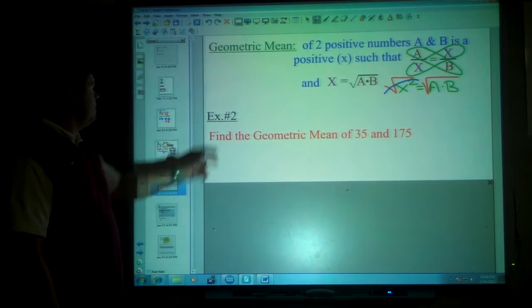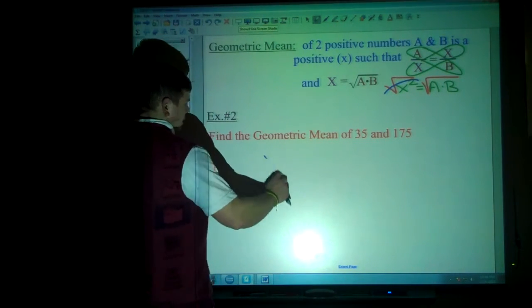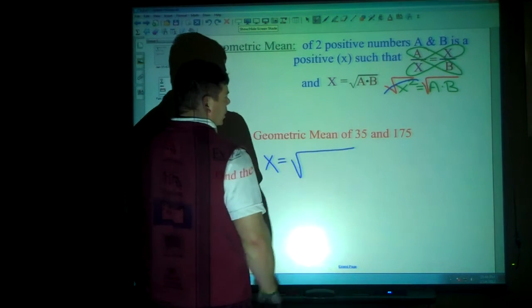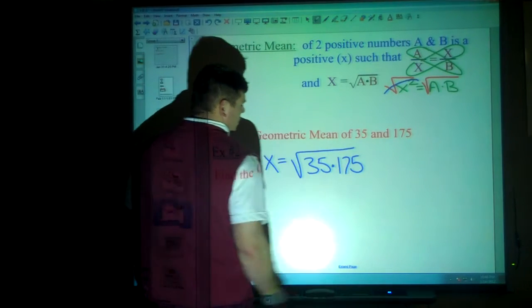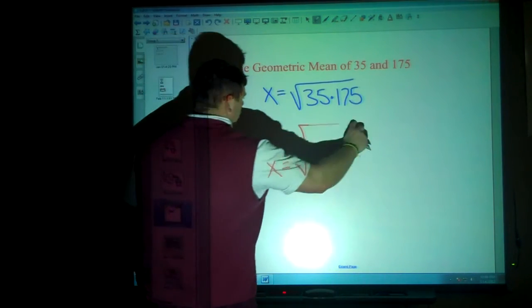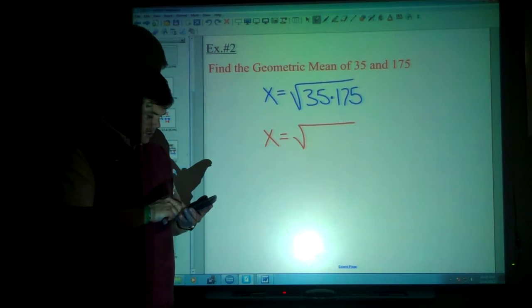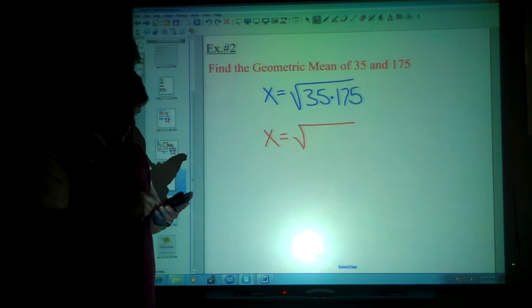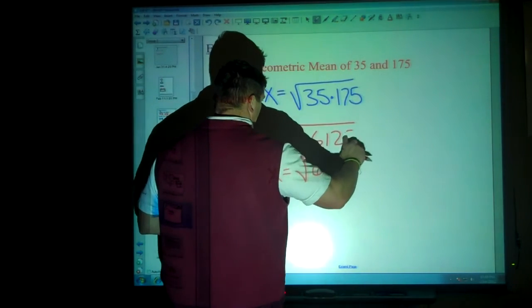Find the geometric mean of 35 and 175. So we will say x equals the square root of 35 times 175. You must do the multiplication first. When you multiply 35 times 175, you get 6,125.